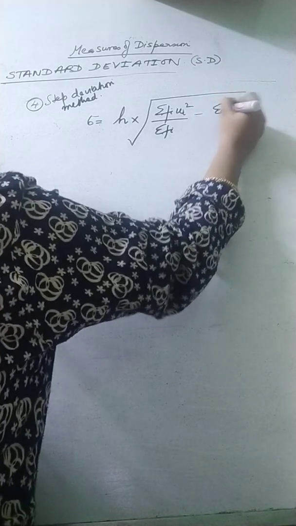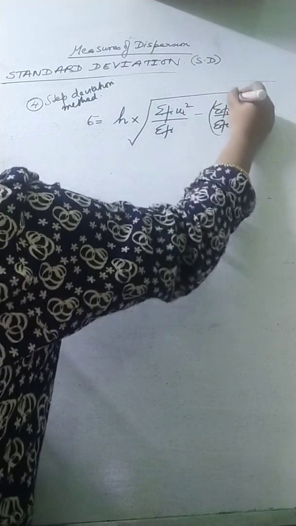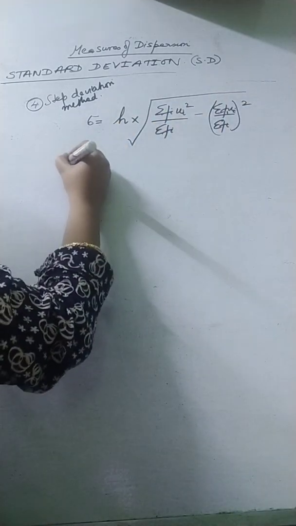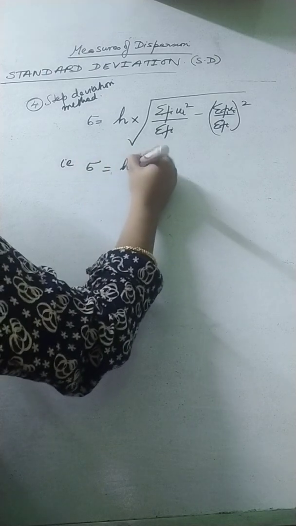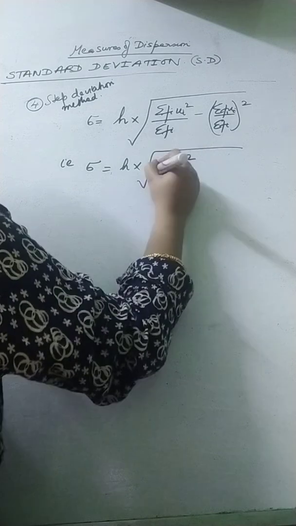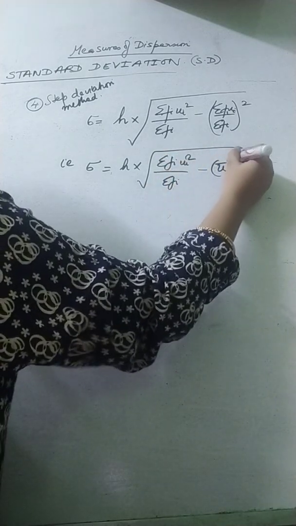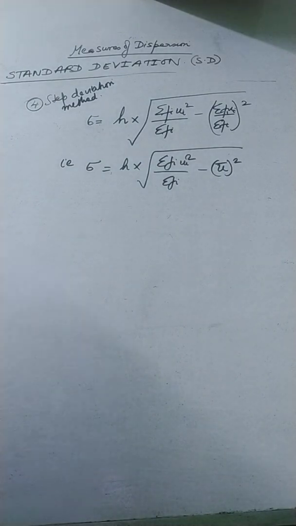That is summation fu by summation fi actually whole square. In fact, you can write it as sigma is equal to h into root over of summation fi ui square by summation fi minus u bar whole square, where u bar is summation fu by summation f. So this is to be used either way.